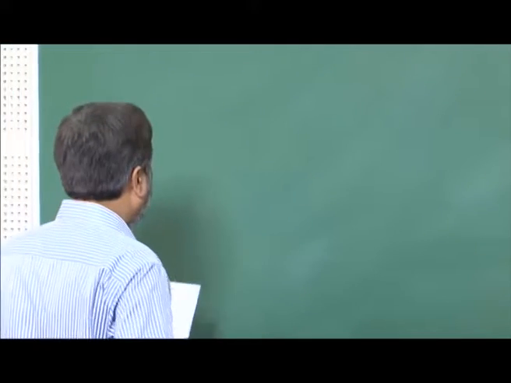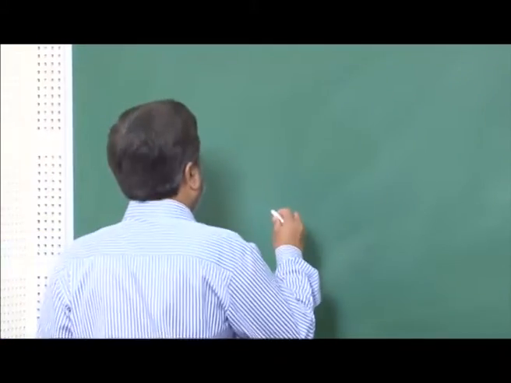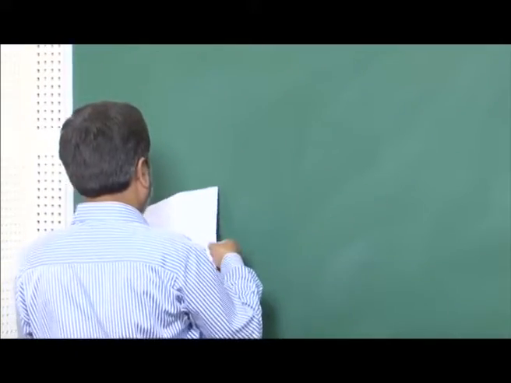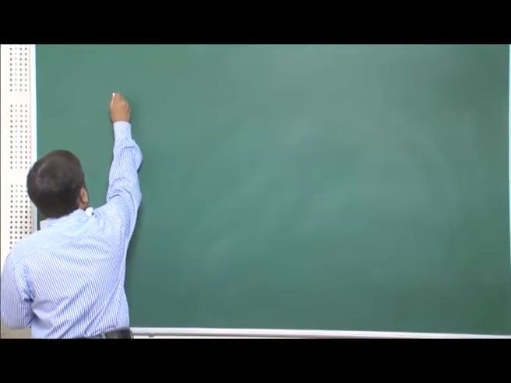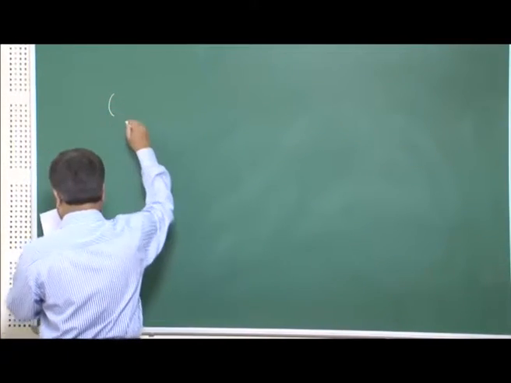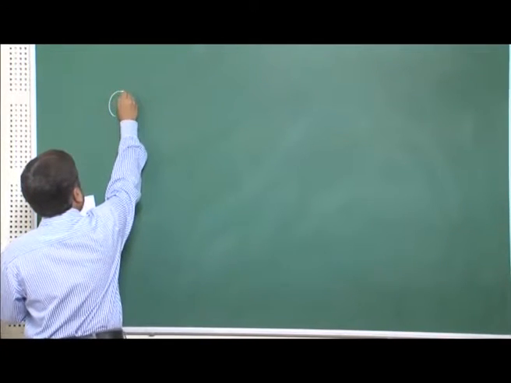So, we are first assuming that the shaft has a rectangular section. Let us first try to draw the connecting rod approximately here for our analysis.